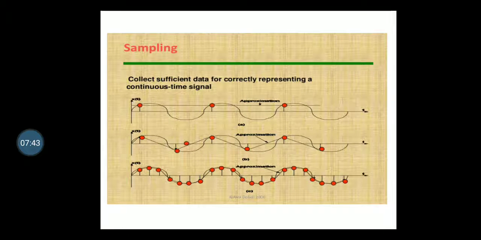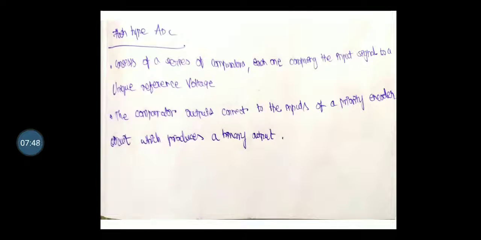So this is the sampling signal. The first one we look into is the flash type ADC. A flash type ADC consists of a series of comparators, each one comparing the input signal to a unique reference voltage.